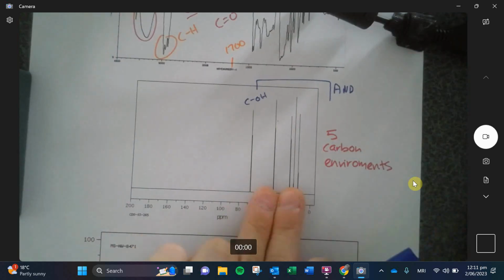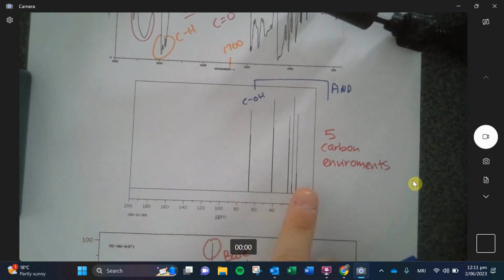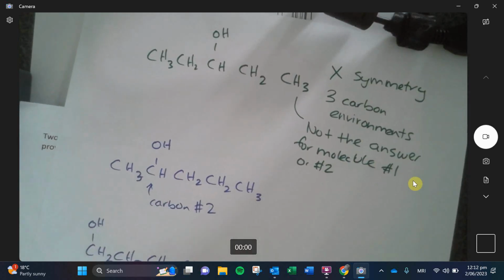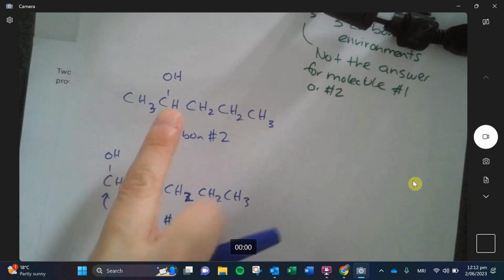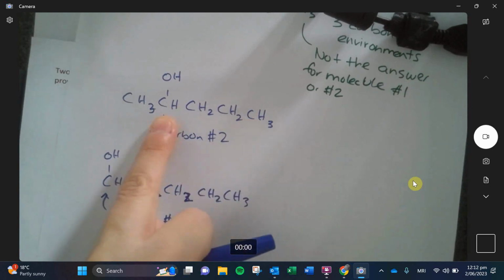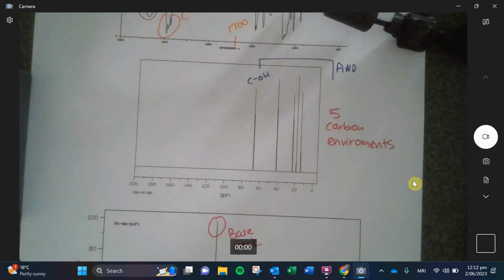Whereas if the cluster gets pulled apart, it suggests something is interfering with the carbon chain, potentially an alcohol on carbon 2 instead of carbon 1. So this is a nice little cluster. This cluster of 4 has been interrupted by the OH. So that's one way you can start getting a hint which molecule ties with which one.